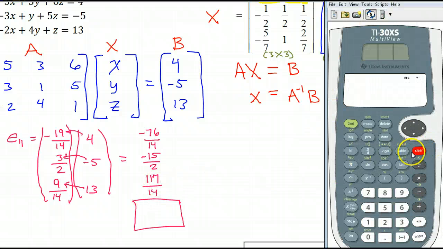So I'm doing negative 76 over 14 plus negative 15 over 2 plus 117 over 14. And what I get is negative 32 over 7.